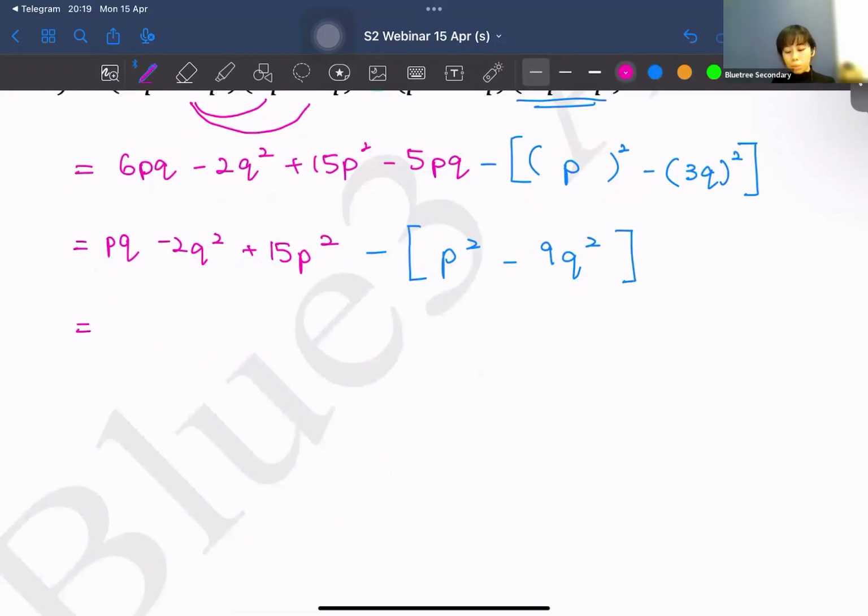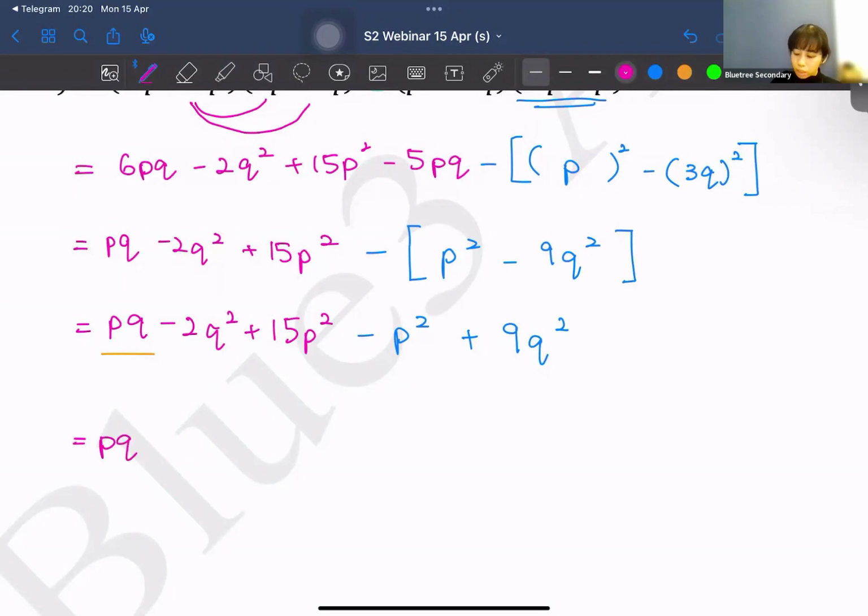Next step, I'm going to open up the brackets and combine all my like terms together. For my PQ term, I only have one, so I'm just going to transfer that to my final answer.